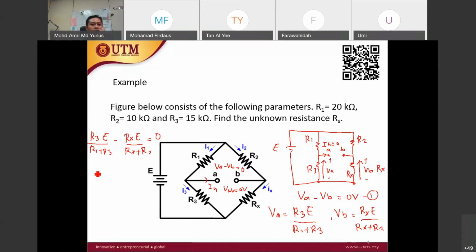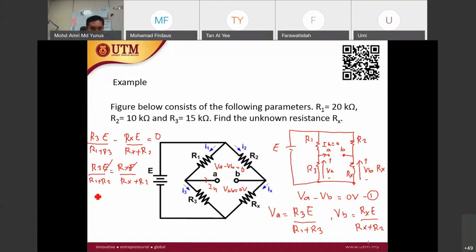And R3 over R1 plus R3 equals Rx over Rx plus R2, so E cancels.